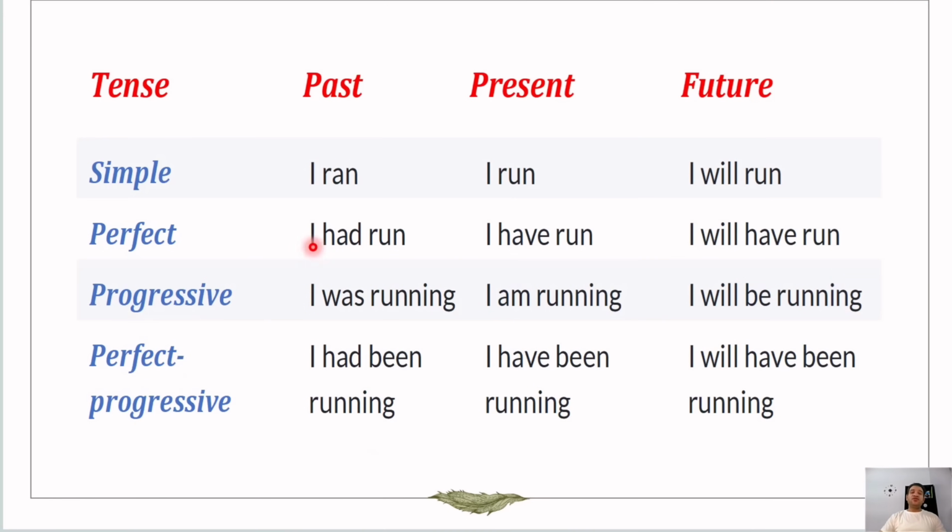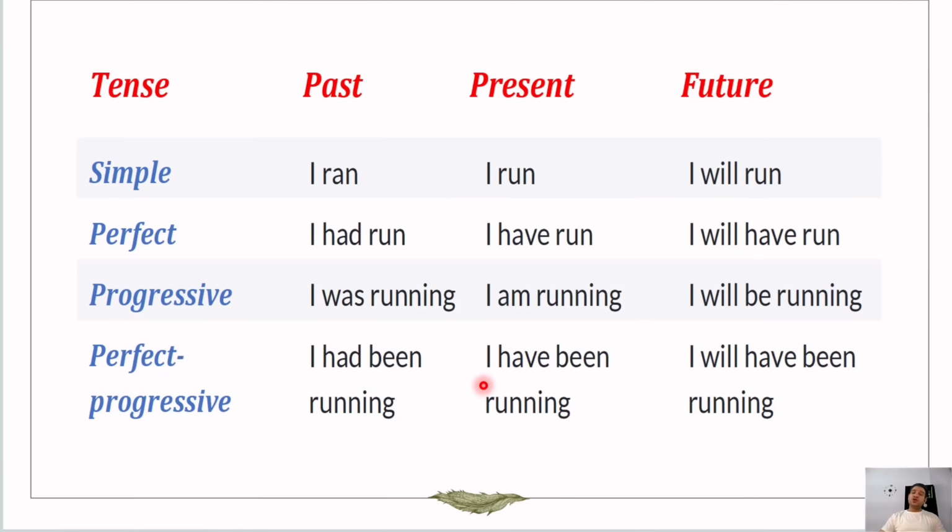Okay, and then for the present perfect progressive, the structure is the subject, then have been, then a verb plus ing, like I have been running. Okay, or she has been running. So again, with he, she, it, we're gonna use has, not have, but have can be used with I, they, we, and you.